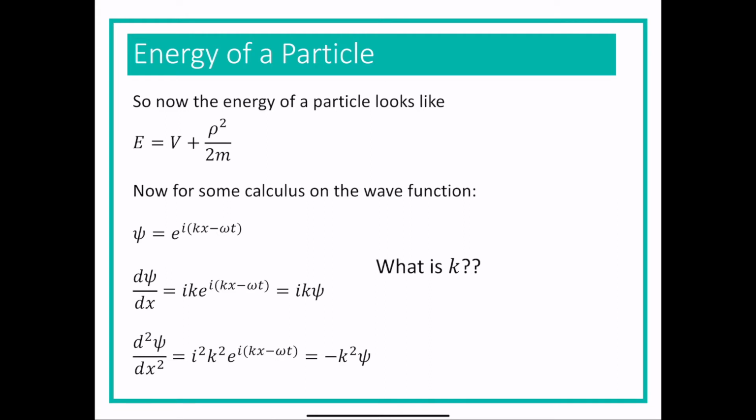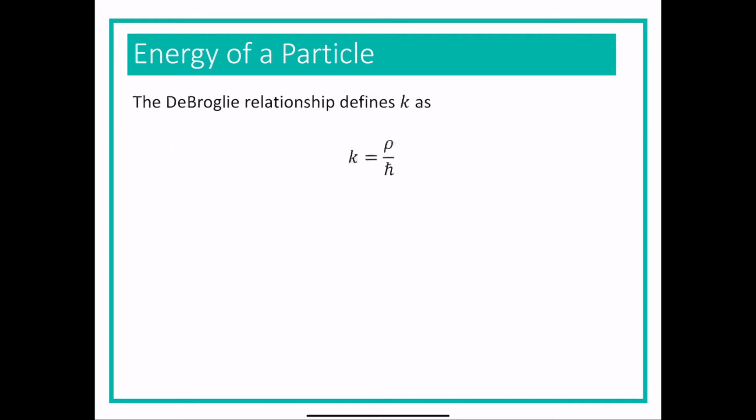It's defined as the momentum divided by h bar, which is just Planck's constant divided by 2 pi. That's all that is. It just makes the calculation easier. So in the second derivative, we can substitute in and get minus p squared over h bar squared phi.